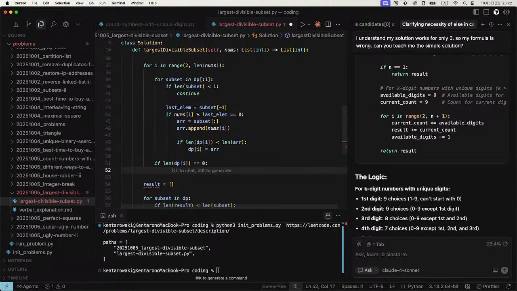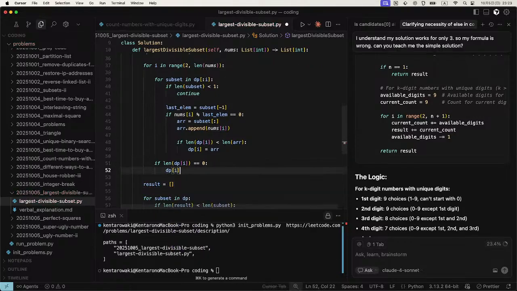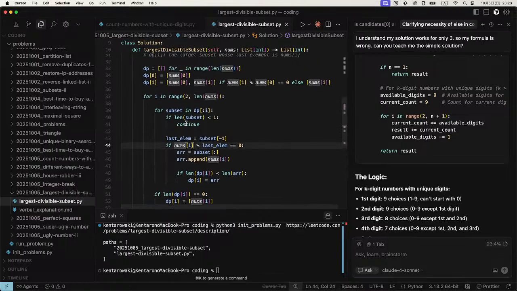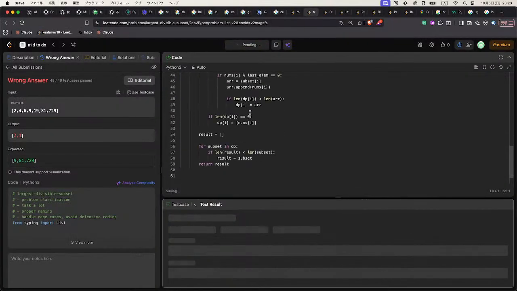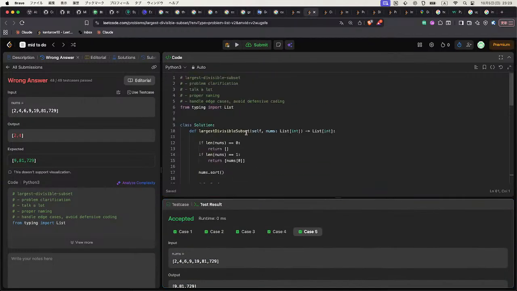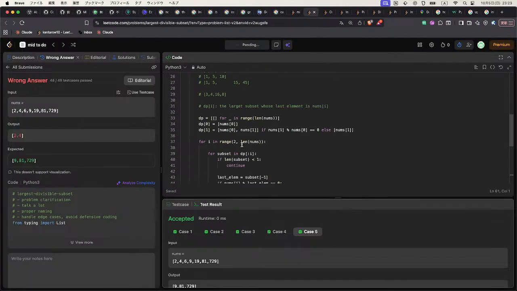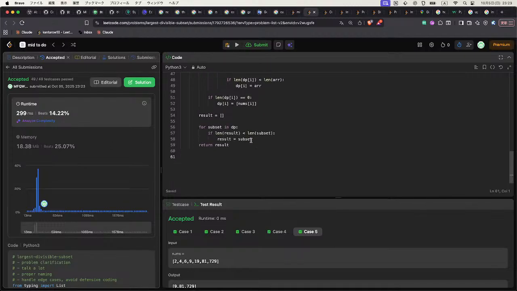So in this case we just initialize the number itself. So DPI should be nums I like this. Yeah, correct. Great, great, great.